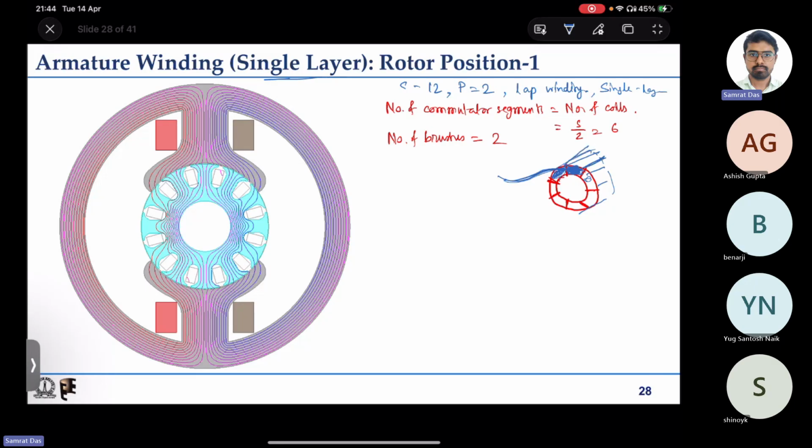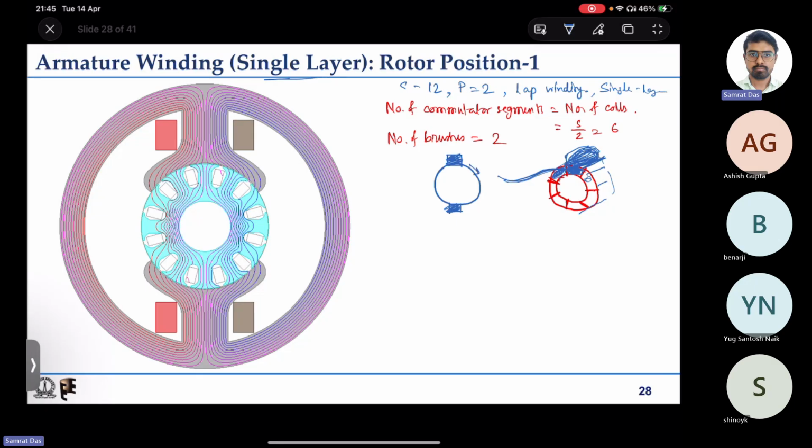There will be some body which will be pressed. If I look at the 2D view, if this is the outer surface of the commutator, then there will be brushes in some direction like this on two diagonals, based on the number of brushes we need to have. Those will be pressing the outer surface of the commutator.